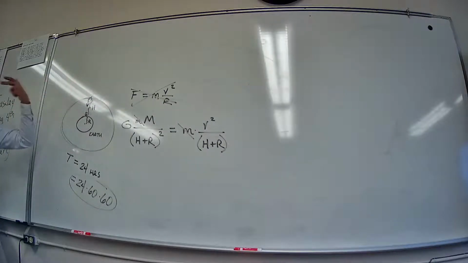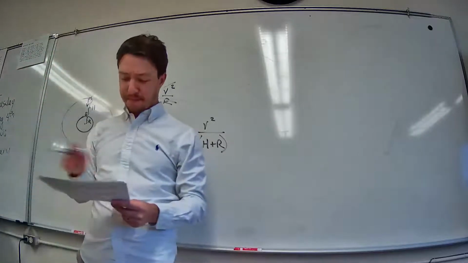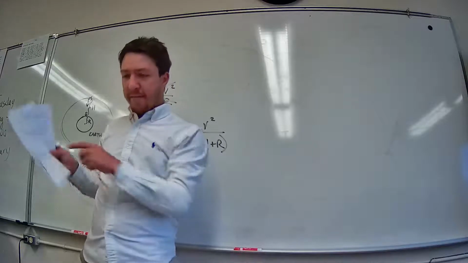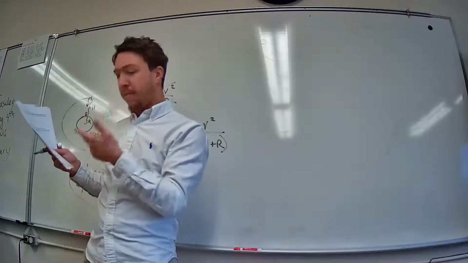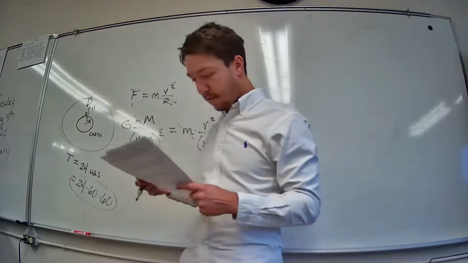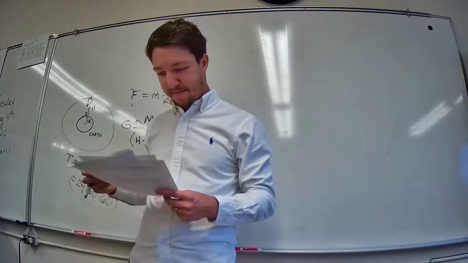Or sorry, you can make a relationship, that's what I meant to say. Anyway, we'll see if you guys can figure that out. And I gave you the mass of the Earth and the radius of the Earth, so you can plug in those values. Okay? You feel okay about that?